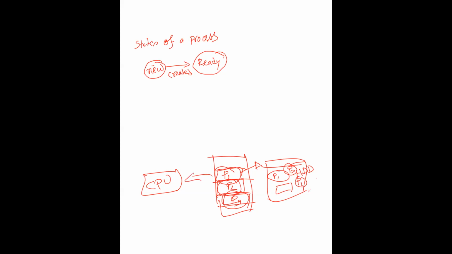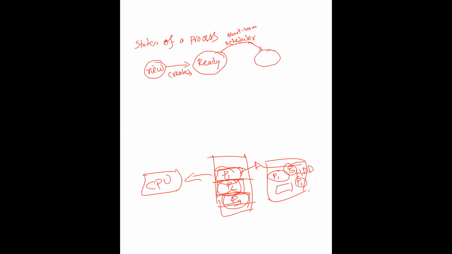Next state is called the running state. Your scheduler, usually the short-term scheduler, schedules a process to the CPU to run.